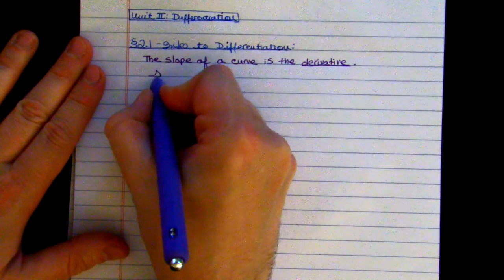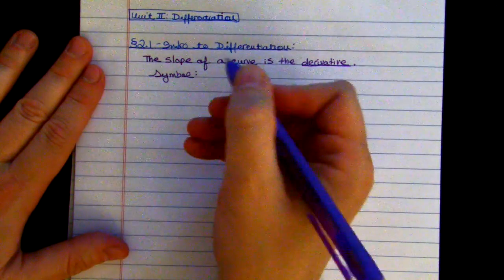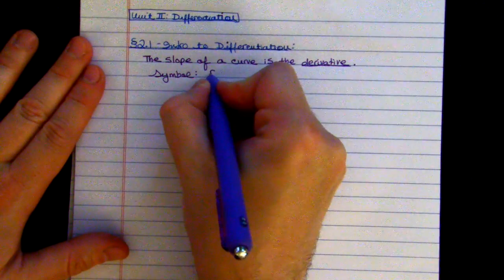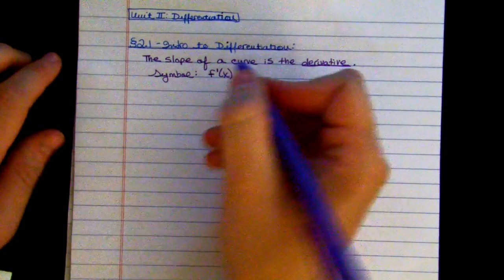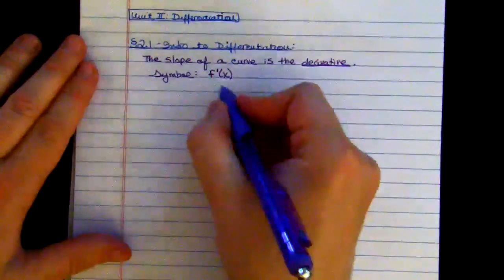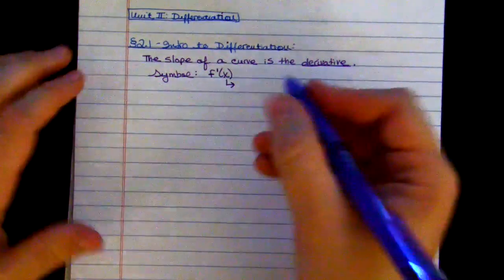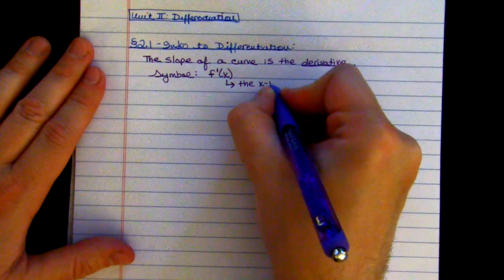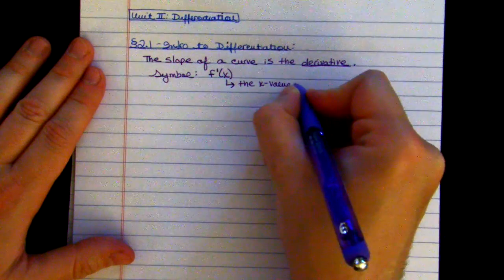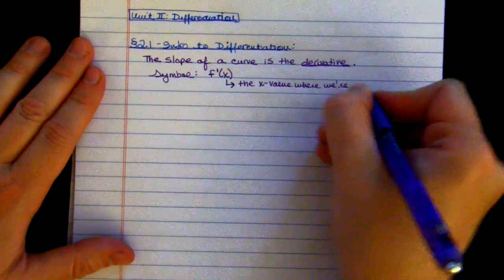We have a symbol for finding the derivative. If I give you a particular function, f prime of x is our symbol for the derivative of a function. And this x value is the x value where we want to find the slope of our curve.